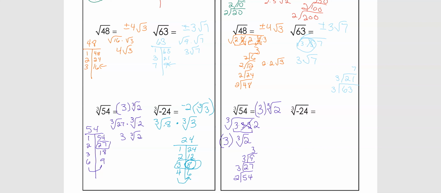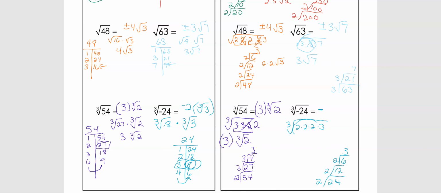So the other strategy, again, we know our answer is going to be negative, so I'm just going to put a negative out in front. Prime factorization, 24 divided by 2 is 12. Divided by 2 is 6. Divided by 2 is 3. So it's cube root of 2 times 2 times 2 times 3.